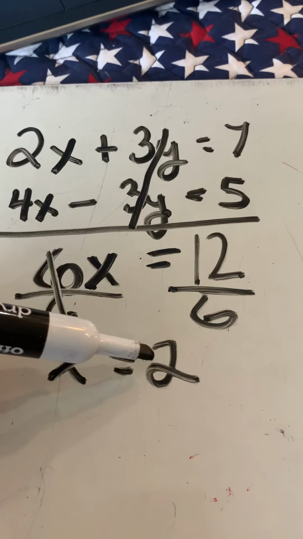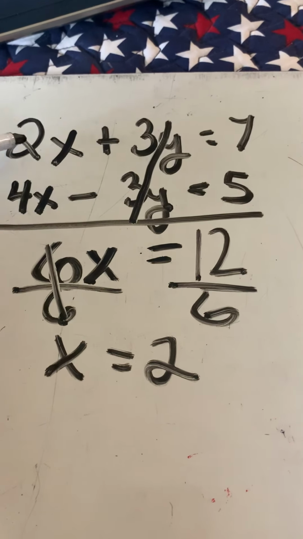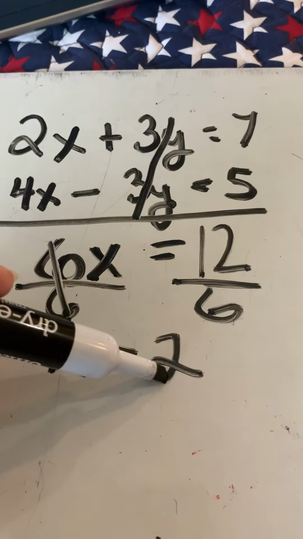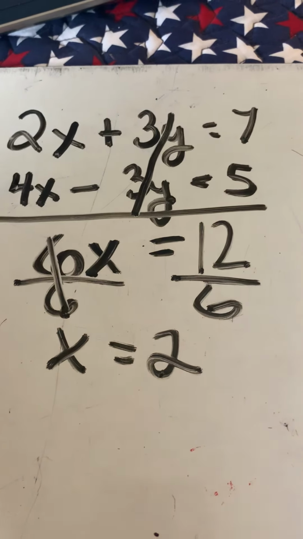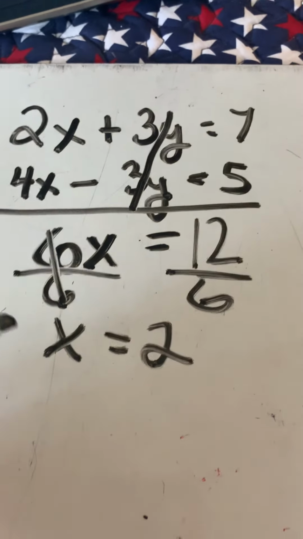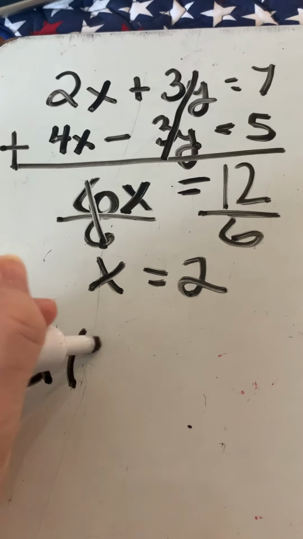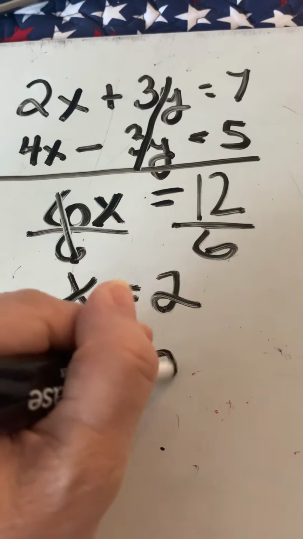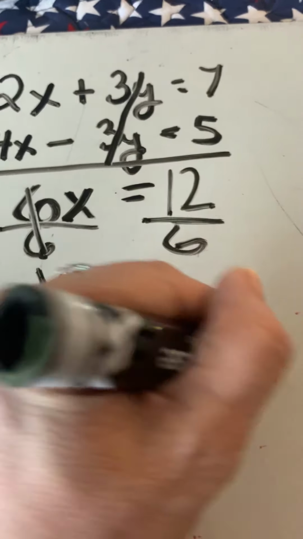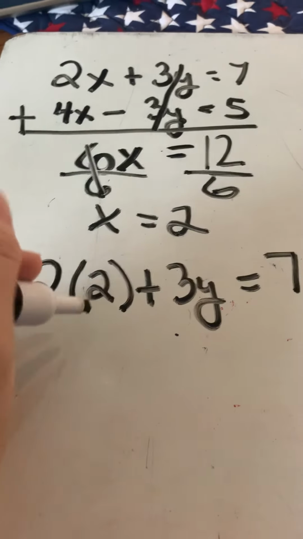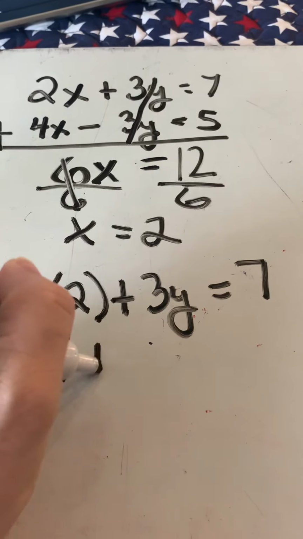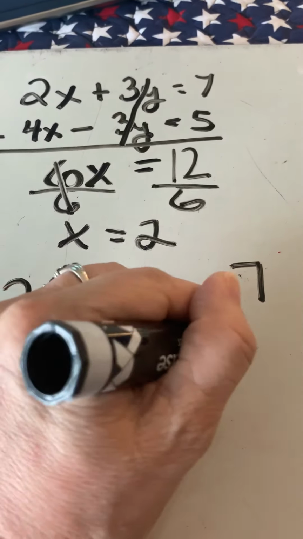Now that I know the value of x is 2, I can choose which equation I want to plug it into to solve for y. I'm going to use the first one because I like positive variables. So 2 times 2 plus 3y equals 7, which gives me 4 plus 3y equals 7.